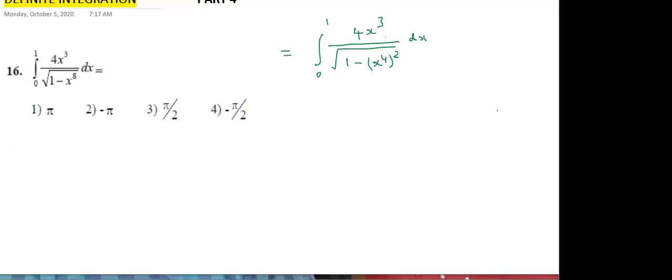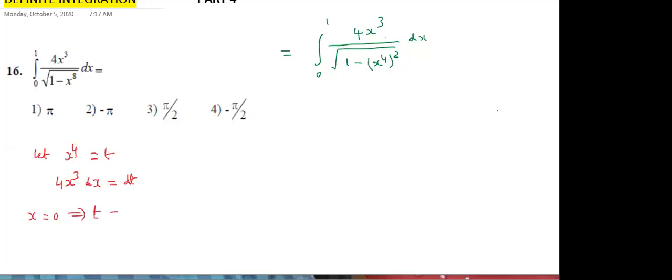So here let x power 4 is equal to t. Then what is derivative? 4x cube dx is equal to dt. So numerator part we got. Now we want to change the limit also. If x is equal to 0, then what is t value?